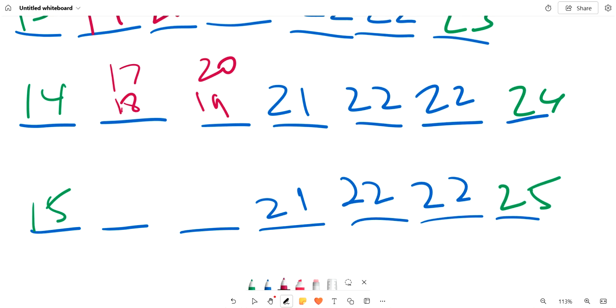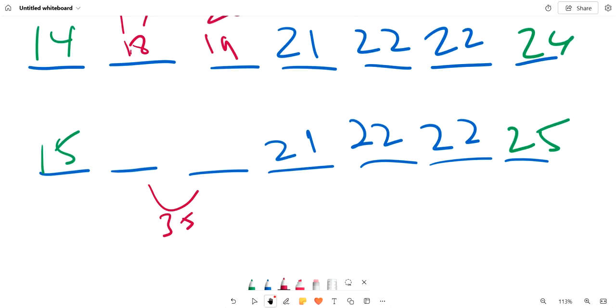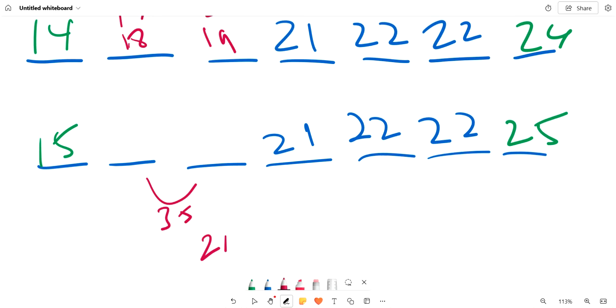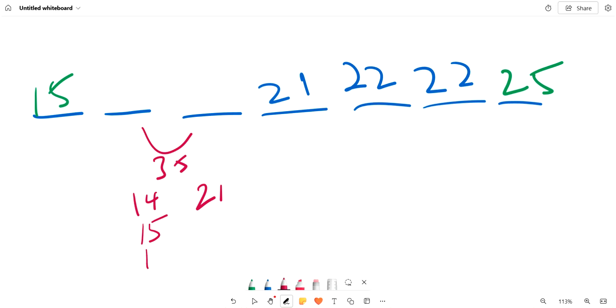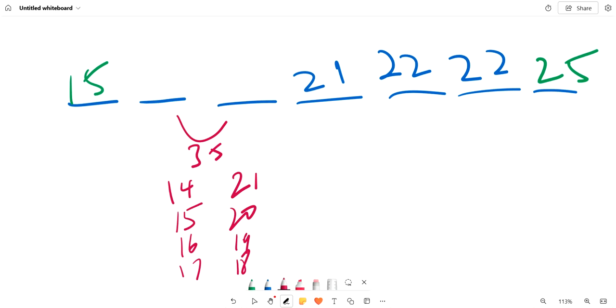So again, these two have to sum to 35 now because those two sum to 37. And possible options are 21 and 14, 15 and 20, 16 and 19, 17 and 18. So those are the only options, and we know that this one doesn't work because 14 is below 15.